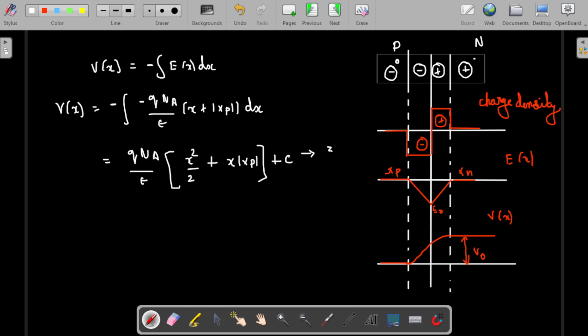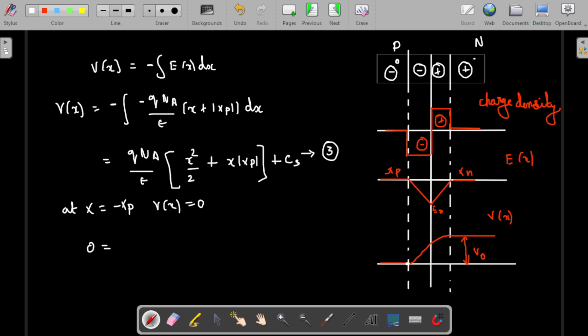So let's take this as equation 3. We need to find the constant, so let's call it C3. At x equal to minus xp, we know that V of x will be equal to 0 at this point. So we take that point and substitute it in here. So V of minus xp is equal to 0.